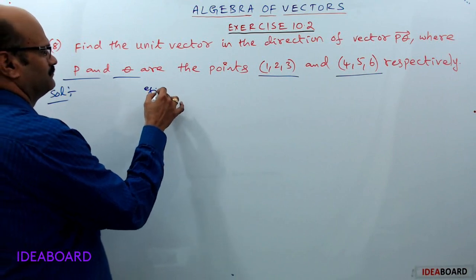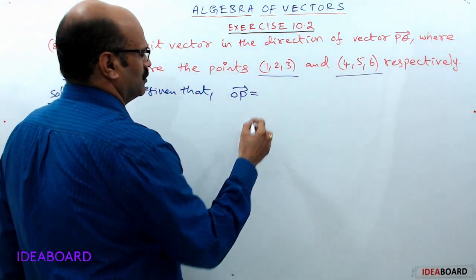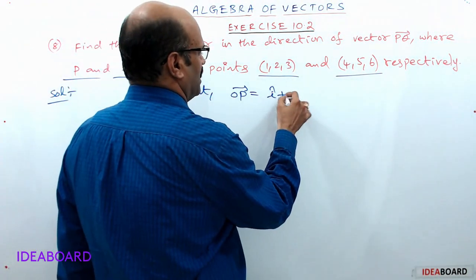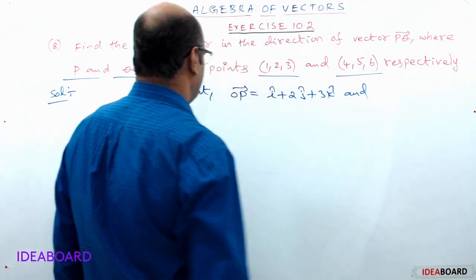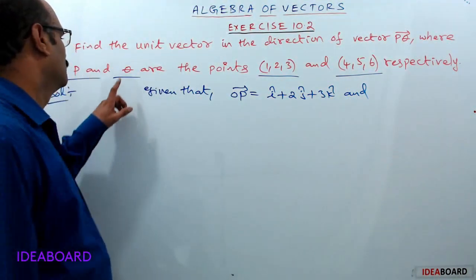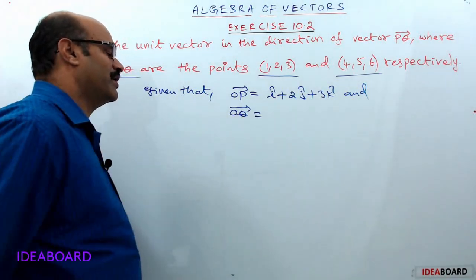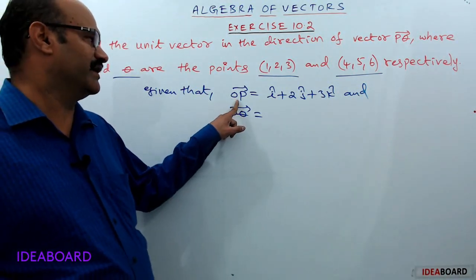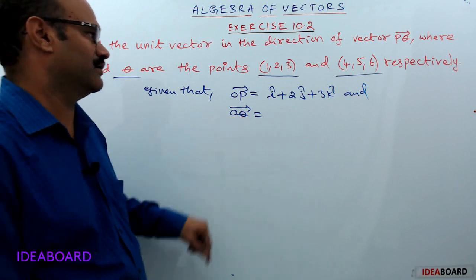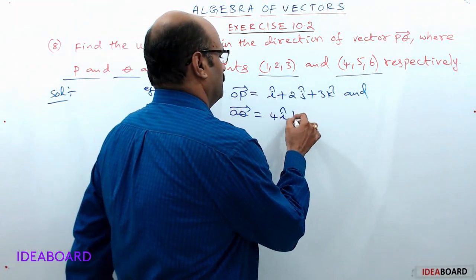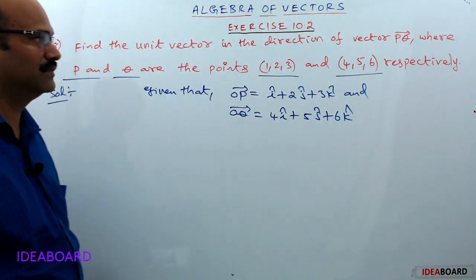Given that OP vector equal to i cap plus 2j cap plus 3k cap, and whenever point Q is given, immediately we have to take OQ vector, equal to 4i cap plus 5j cap plus 6k cap.